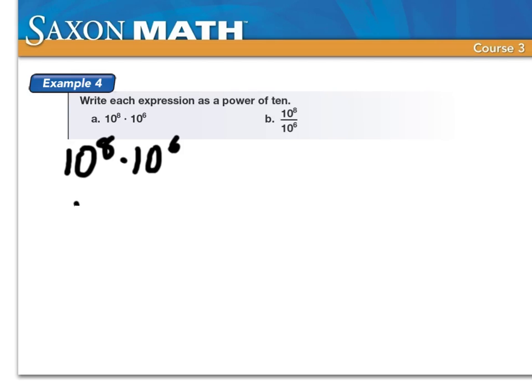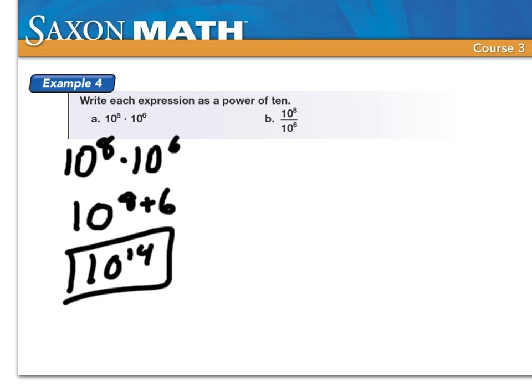So the exponent rule says I keep my base the same, and then I add the exponents. So it's 10 to the 8 plus 6th power, or 10 to the 14th. And there's our answer, written as a power of 10. Power of 10 just means I've got a base of 10 raised to some exponent.